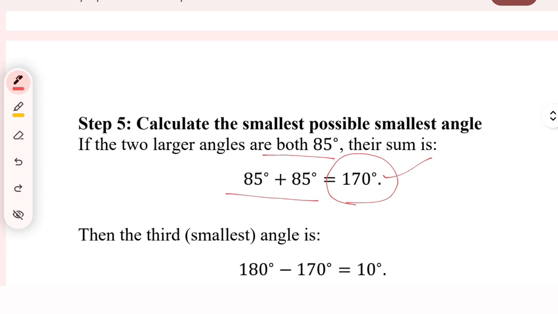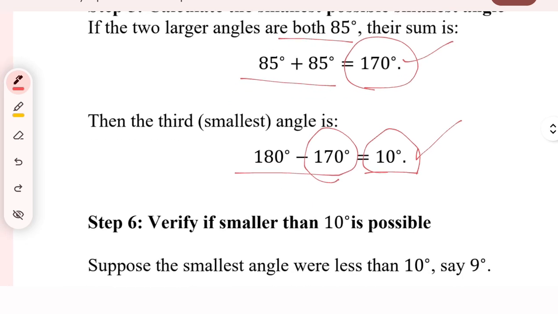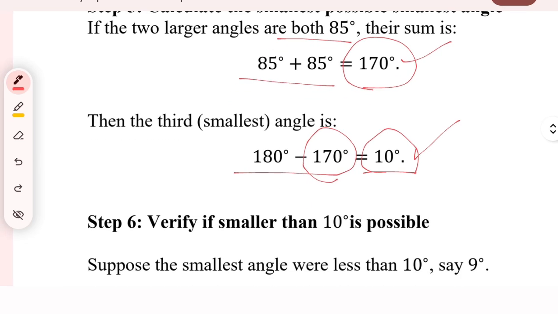Since 85 and 85 are already the largest angles, and the summation of interior angles of a triangle is 180, the last angle that is left is 180 minus the 170 which we have maximized. The third angle that remains is 10 degrees. And that is the possible value.